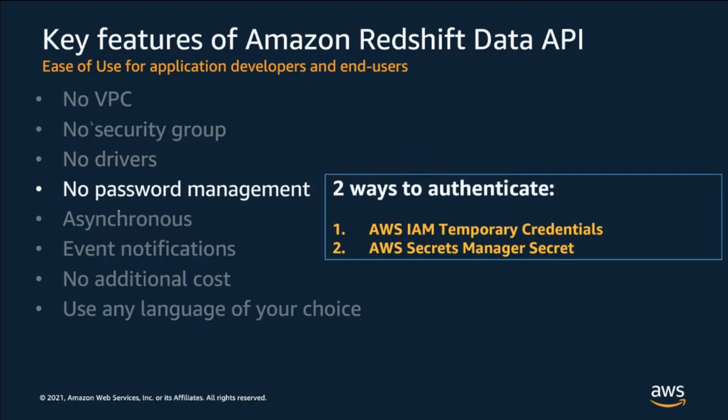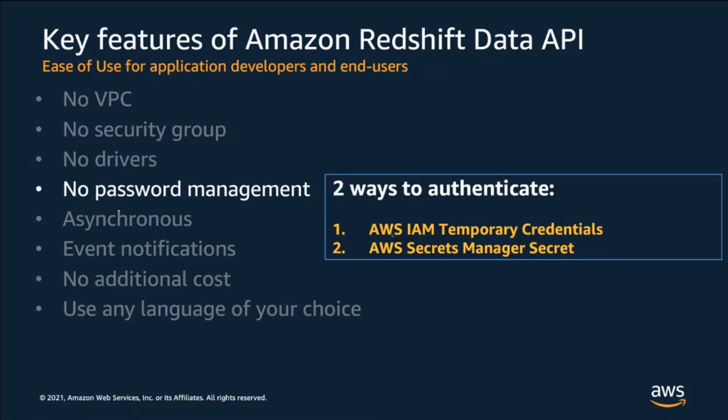This one is my personal favorite: no password management. With Data API, there are two options to provide credentials. The first one is using AWS IAM temporary credentials, where you only need to provide the username and get cluster credentials IAM permission with no passwords.